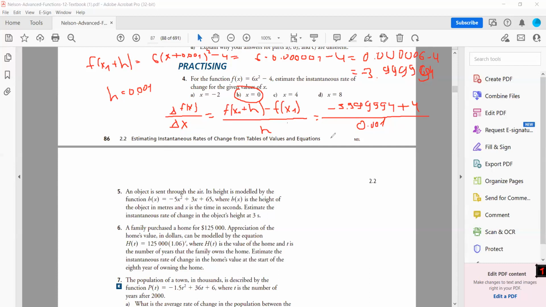So I have 0.000006 divided by 0.001. And as a result, I'm going to see that I have 0.006. This would be my instantaneous rate of change when x equals 0.